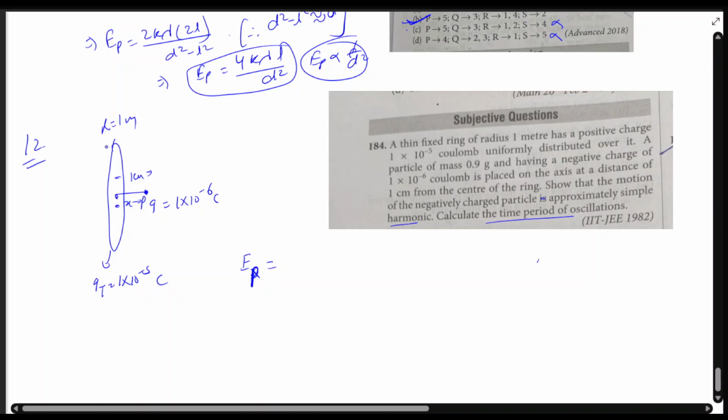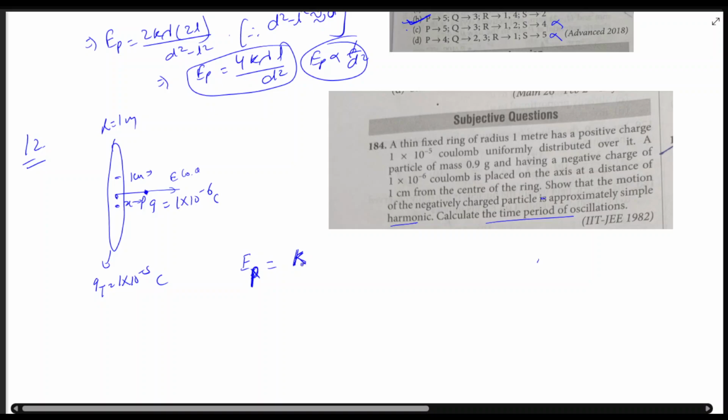So we have solved it, right? So electric field was in this direction, then we have to take the component E cos theta, right? So what was it? Yes, it was K Q total divided by this distance, right?